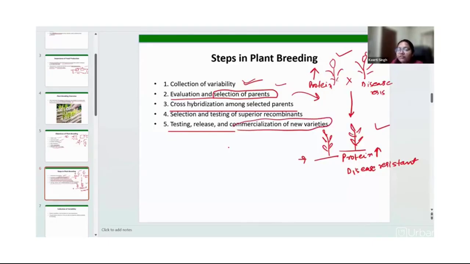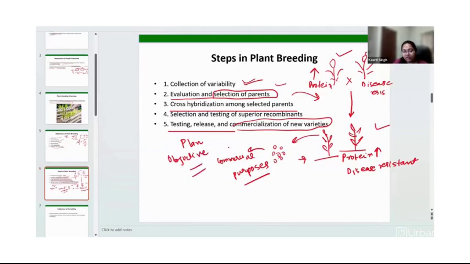The seeds formed from these plants will now be used for commercial purposes, right? So this will purely depend on the plan, or say the objective we are having, right?